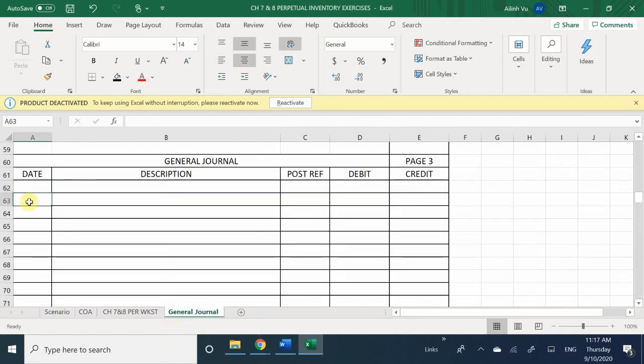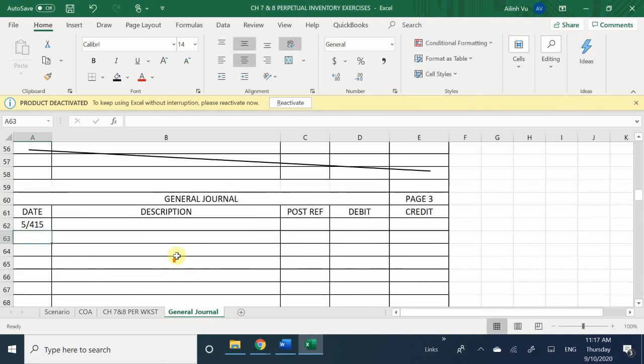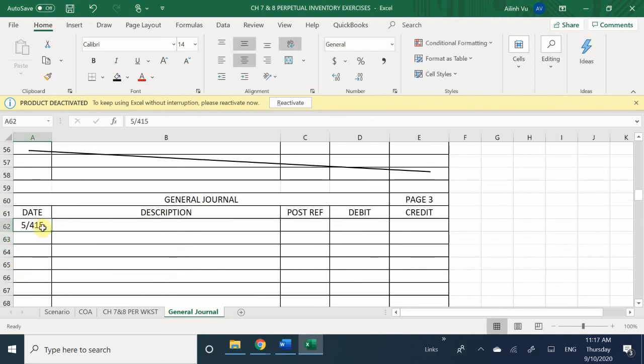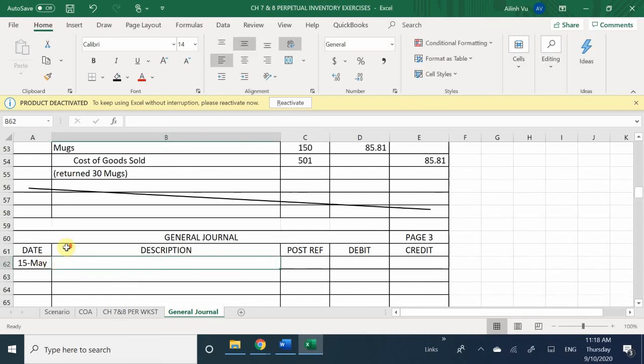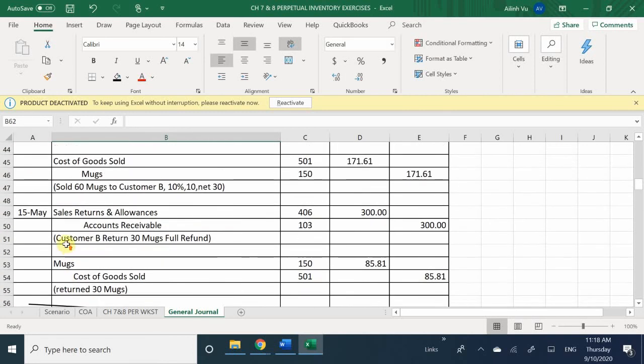So same day, the 15th of May, and we sold it for cash. So what is my journal going to be?